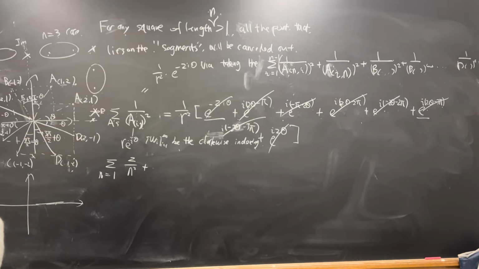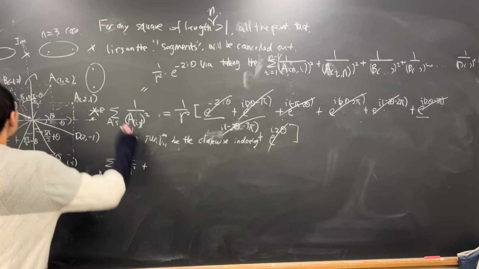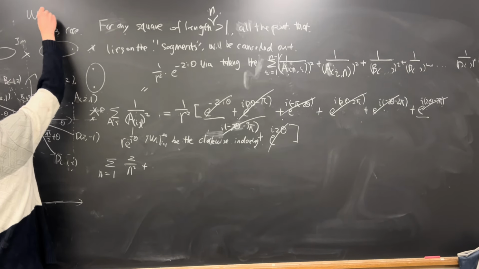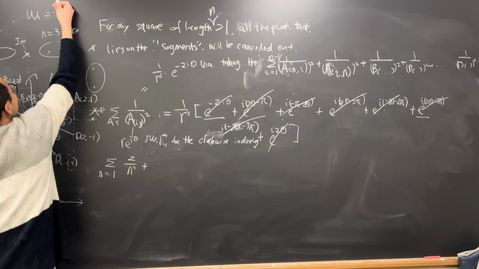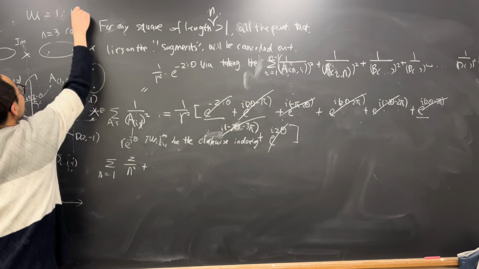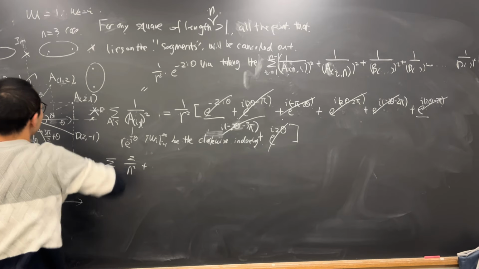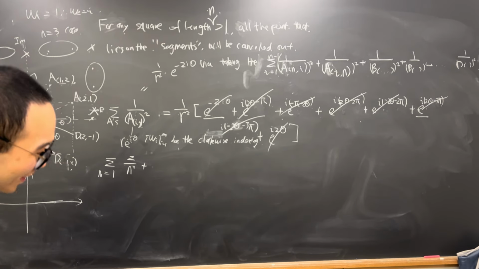So maybe let's just add the condition that omega 1 equals 1, omega 2 equals i. Then this argument is true.